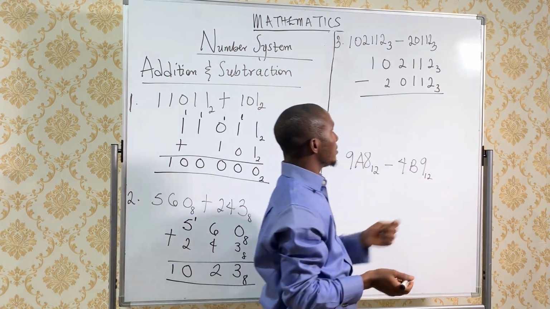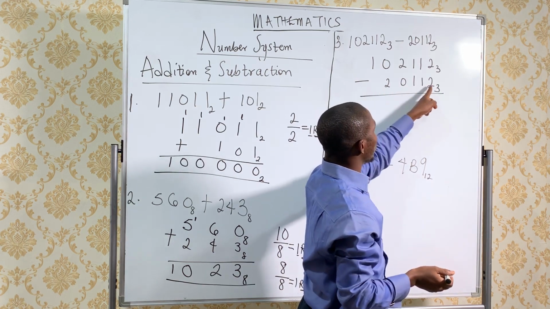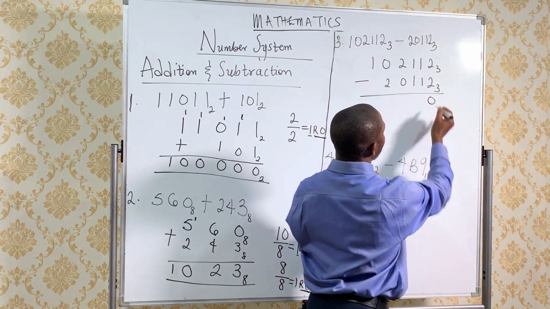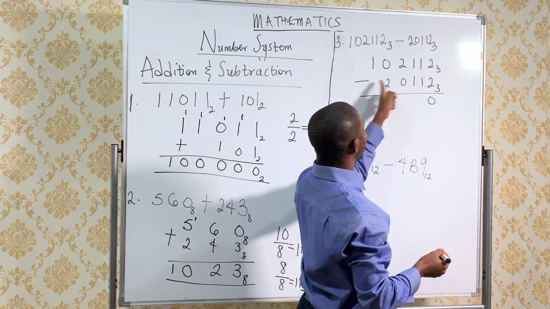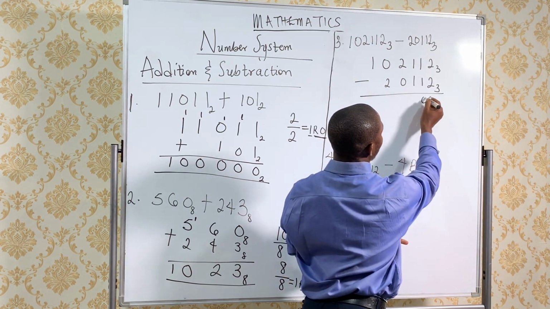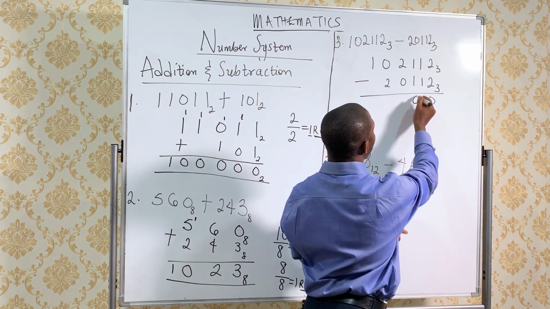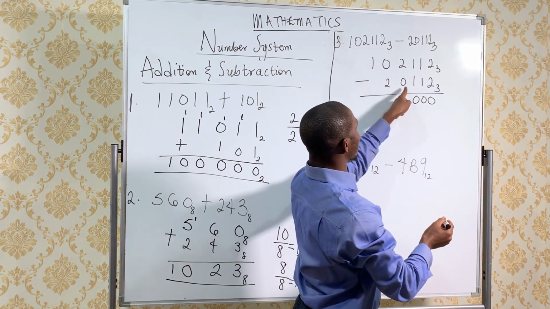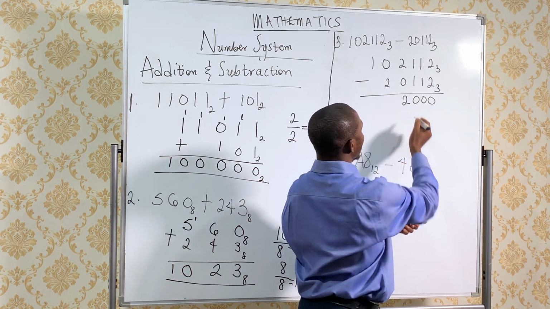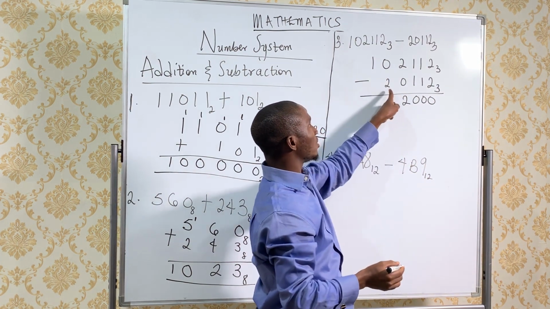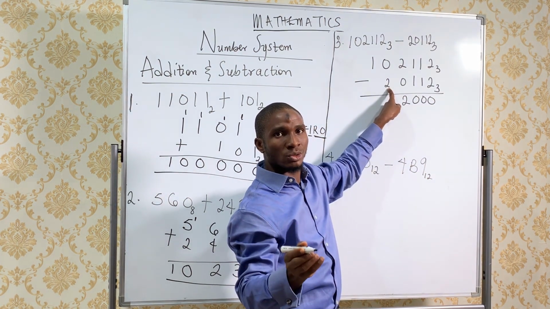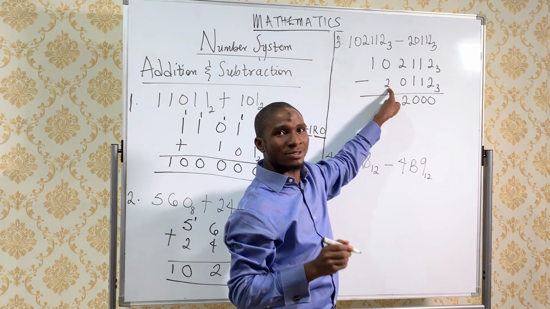Now what to subtract? 2 minus 2 is 0, 1 minus 0 is 1, 1 minus 1 is 0, 2 minus 1 is 1, 0 minus 2 will give you a negative number.